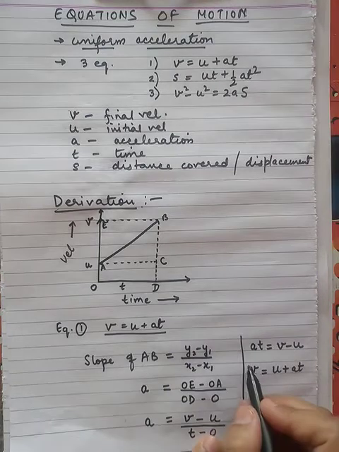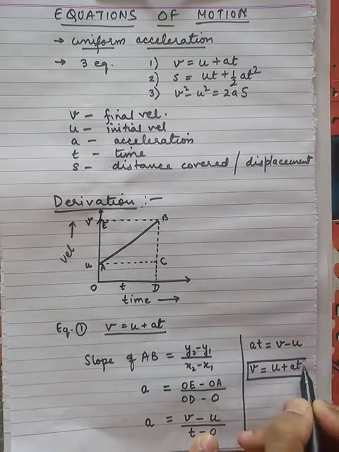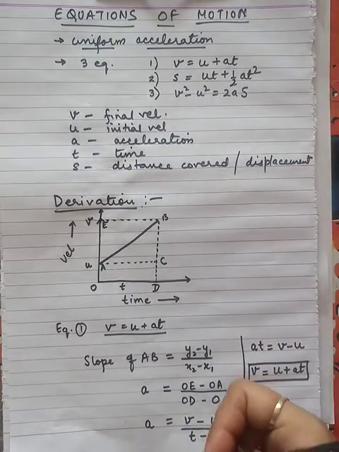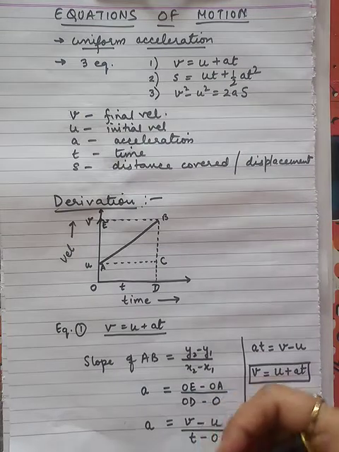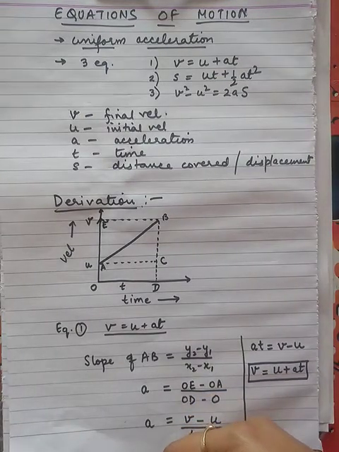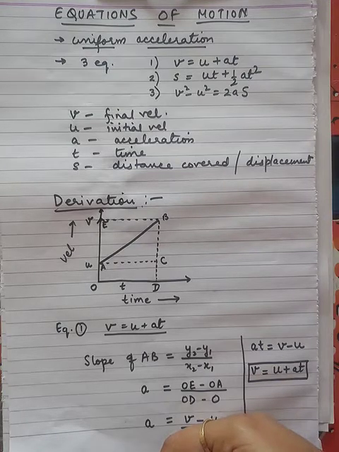This is how we get equation number 1. This is the first equation of motion. These equations of motion are very, very important according to your syllabus. These equations will be used in each and every chapter of your 9th class, right?